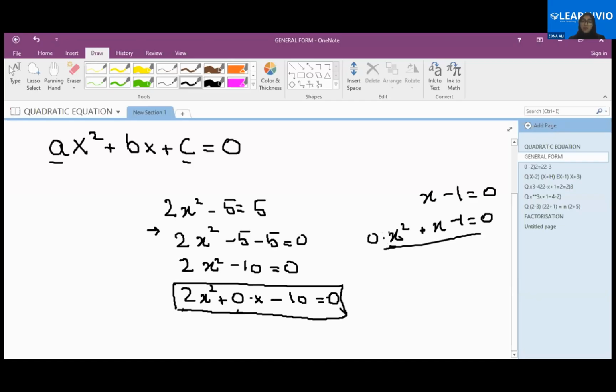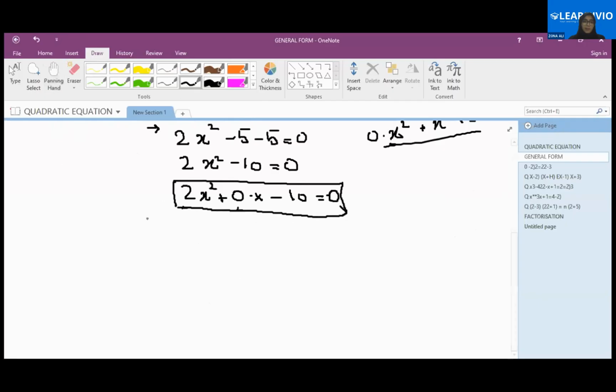That's how, if a question is given to you like: write it in the general form. This is 2x plus 1, write it in the general form of quadratic equation. So what you are going to do, simply multiply x square with 0. Would this change the equation? No, it won't change the equation.